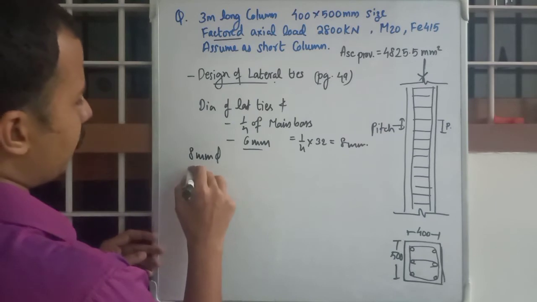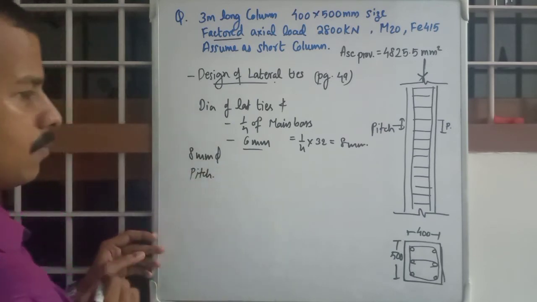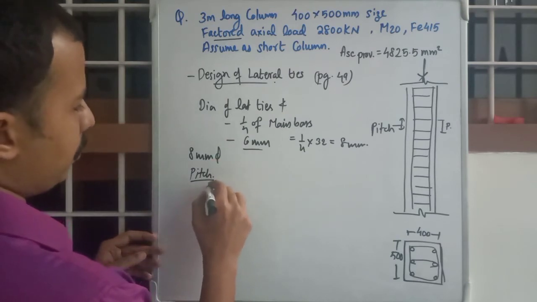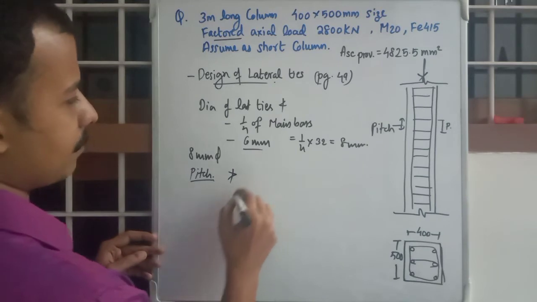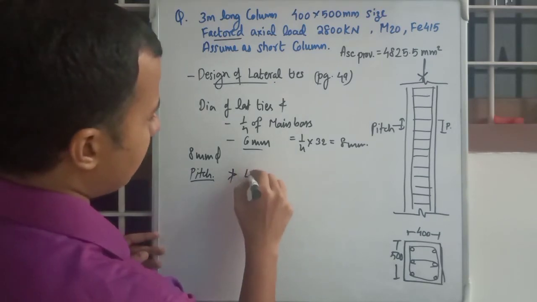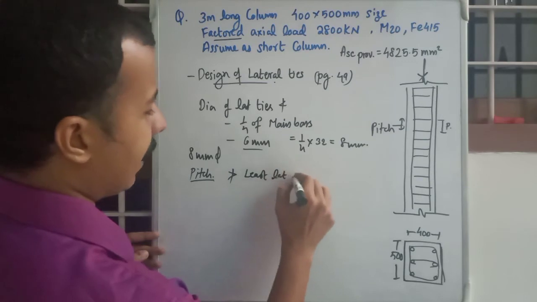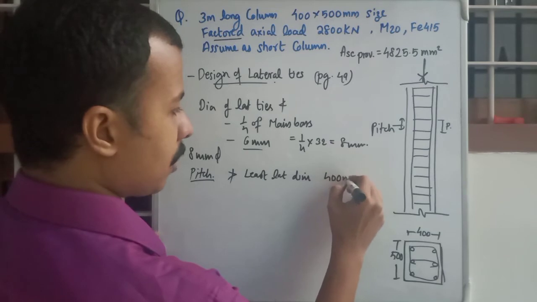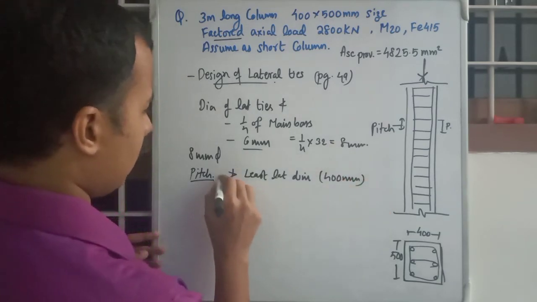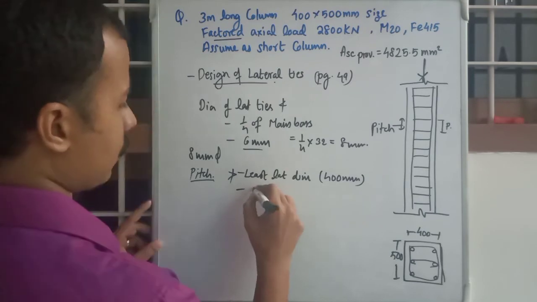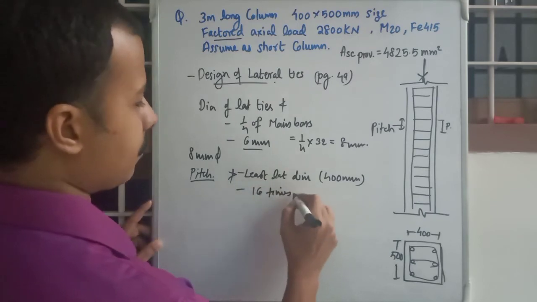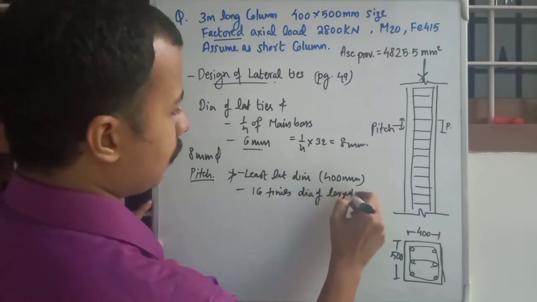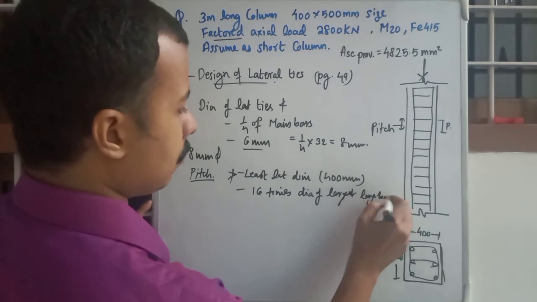Now the next one, pitch or spacing. As on the same page, the pitch shouldn't be greater than the least lateral dimension of this column, that is 400 mm. Next one, 16 times the diameter of the largest longitudinal bar.